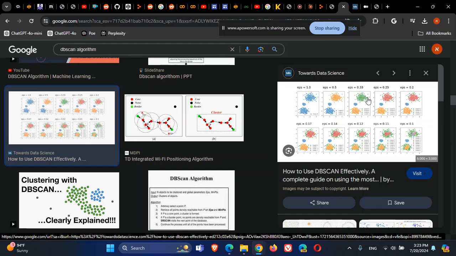This seems the best, I think. With 0.25, we have this. And you can see that if we take the epsilon to be too low, it also becomes not very good because in something that looks like the same cluster, we have two clusters. So somewhere in between, we have the best epsilon that creates maybe the best answer.